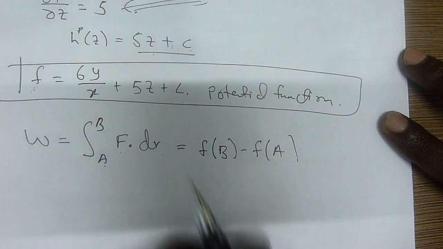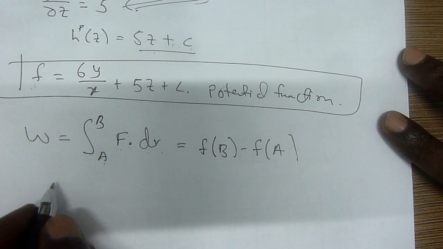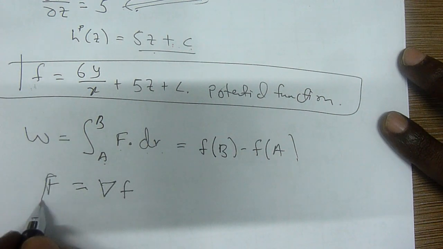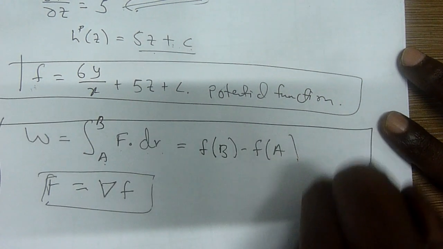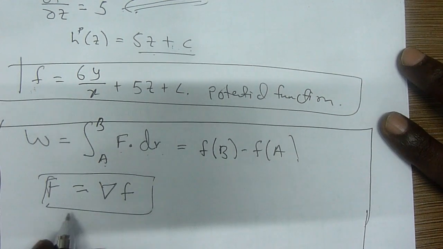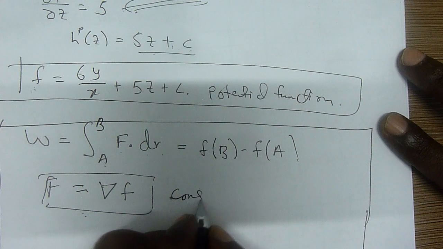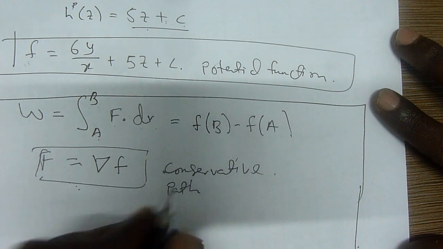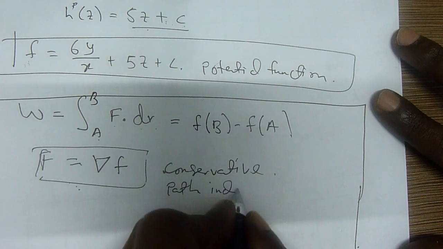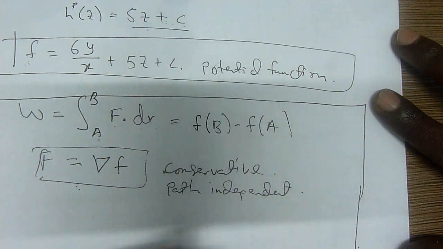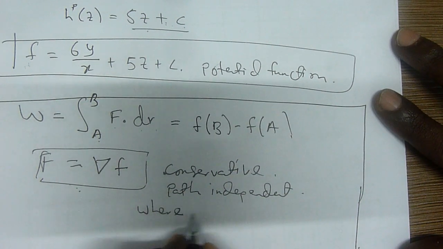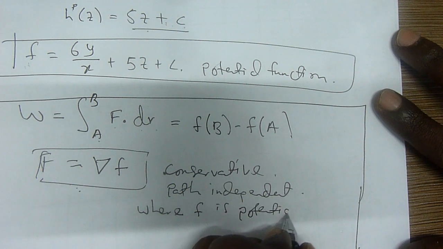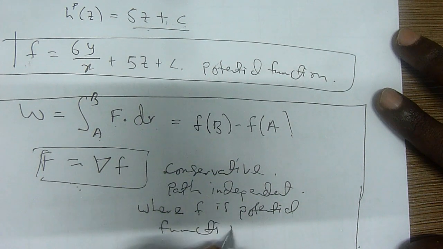But with the condition here, remember, for this particular case, F must equal del f. This is a theorem, one of the methods that we learned, and this must be conservative and it should be path independent. Immediately it's known as path independent, where f is the potential function.